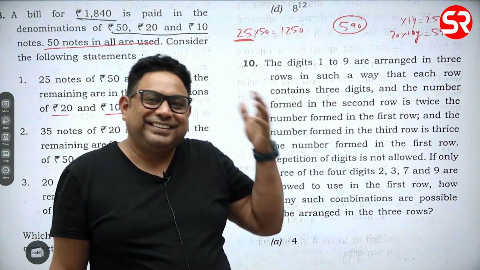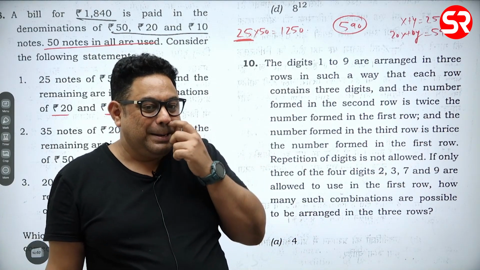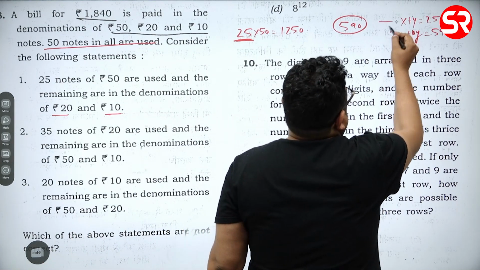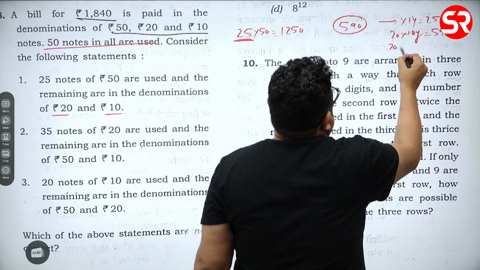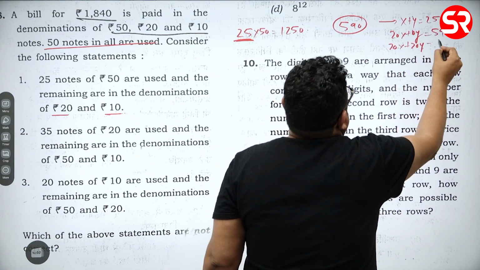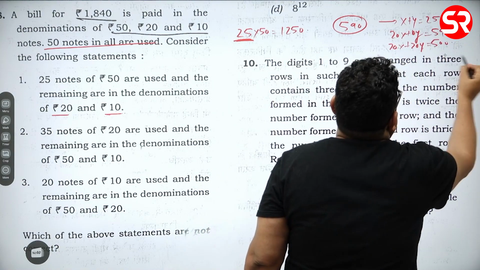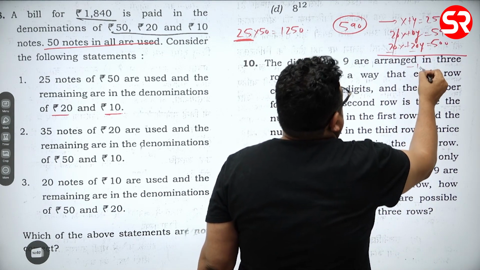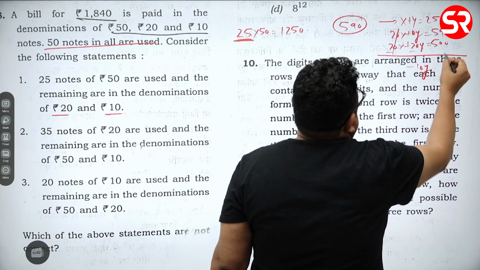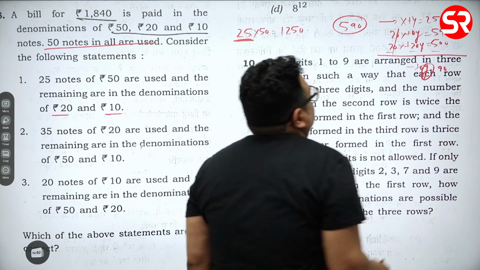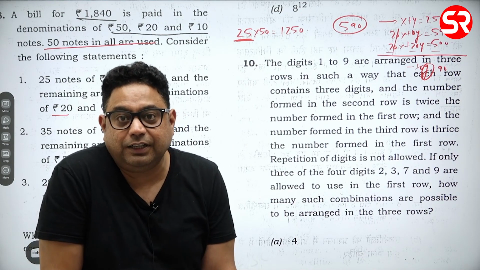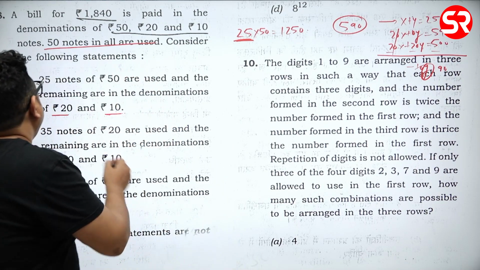Tell me one thing, if I multiply this by 20, this would be 20x plus 20y is equal to 500, right? And if I subtract it, this is minus 10y and this is 90. So y cannot be negative. x and y are the number of notes, they cannot be negative. So this is not a possibility.